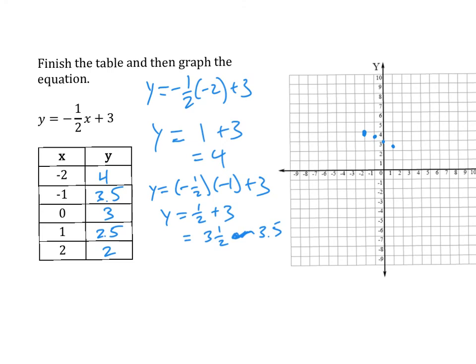And (2, 2). So that'll go right there. Okay, and this will be our graph for this equation. Okay. So if you are given an equation and then asked to make a table in order to graph that equation, okay, you just pick some values for x, figure out what the associated y values would be, okay, what those outputs would be, and then you can graph.